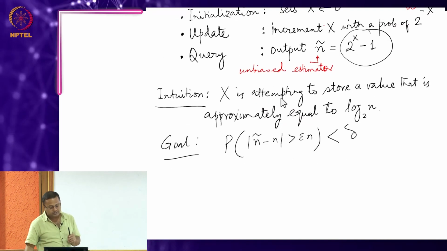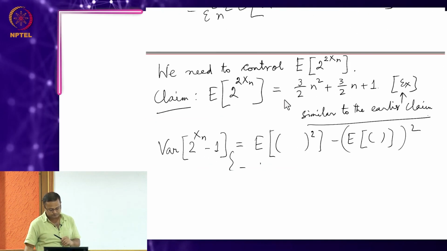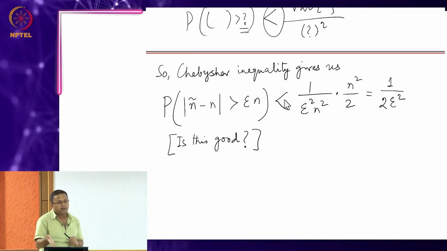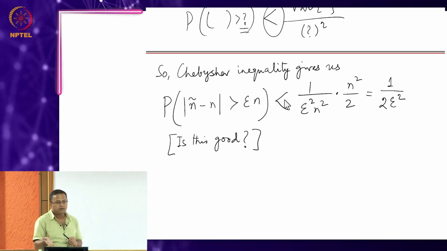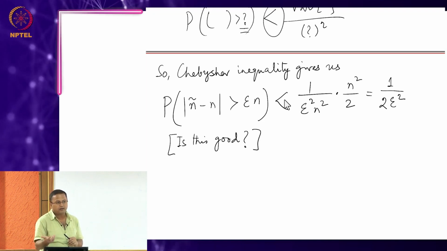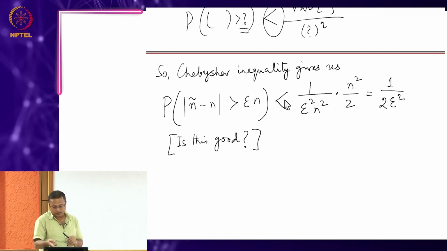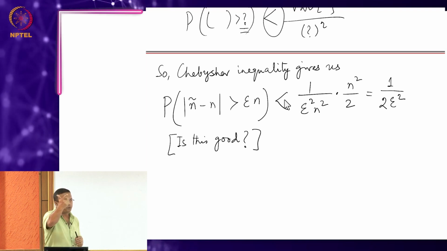Mind you, when we did this error calculation, look at this Chebyshev calculation. This error is 1 by 2 epsilon square. This is not dependent on delta in any way. I wanted the error probability as delta, and I cannot set this 1 by 2 epsilon square equal to delta, because delta is an input parameter, right.